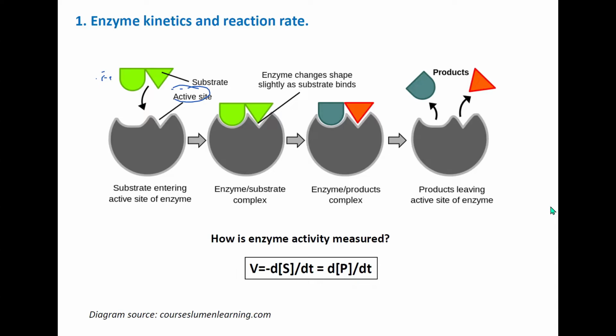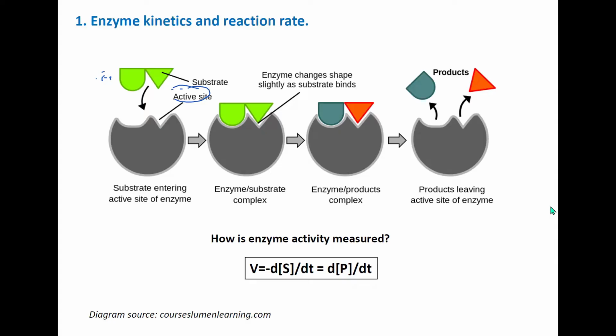So usually during the course of the reaction, the enzyme is converting substrate into product, and then the enzyme recycles. Usually the enzyme is not consumed in the course of the reaction.